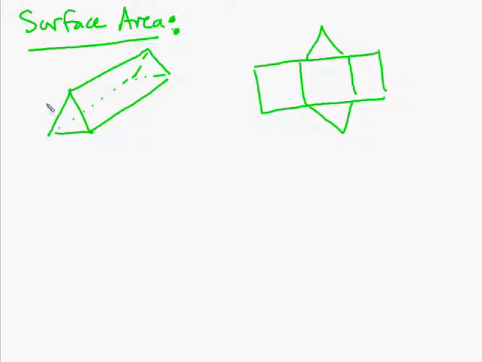So if I said that this is 5 and this is maybe 6, maybe this is 10 right here, then I might want to note these dimensions on this paper. I want to take note of where all those are. So I find the area of each one of these shapes and add them up. That's the whole idea of surface area.